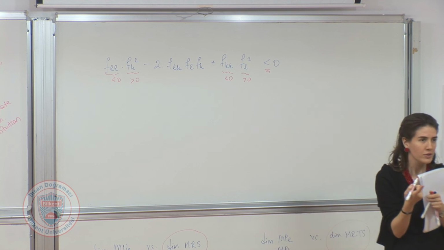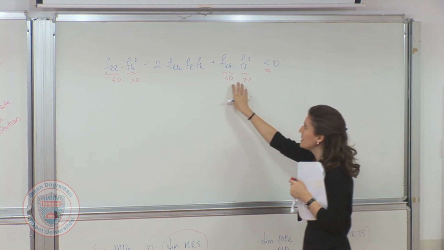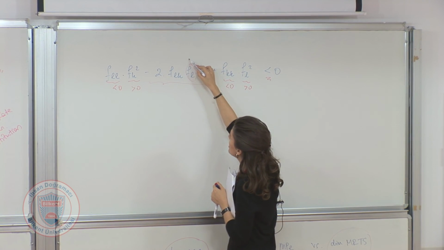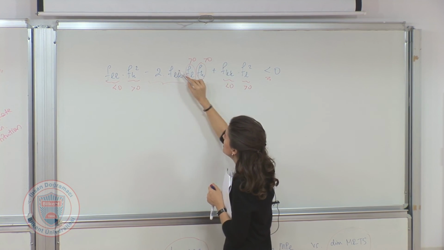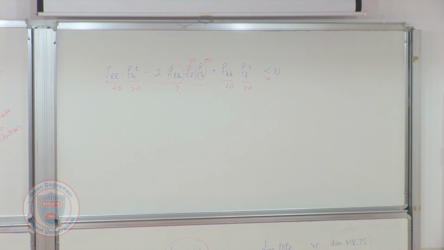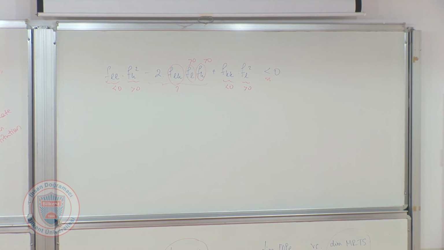It's good that this part is negative, this part is negative, but we don't know what's happening here. So that's why the fact that you have diminishing marginals doesn't mean that the marginal rate of technical substitution is going to be diminishing as well.